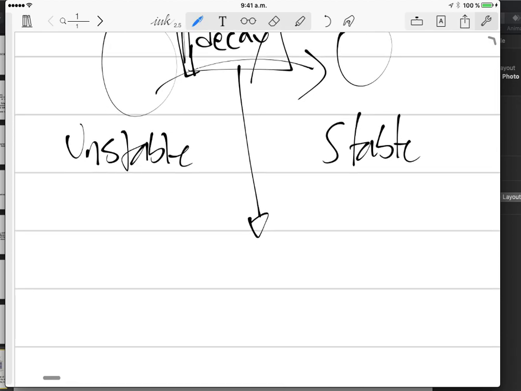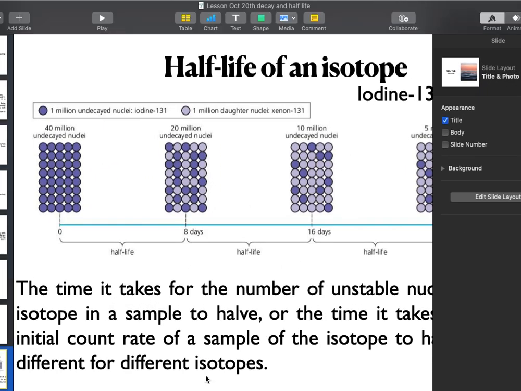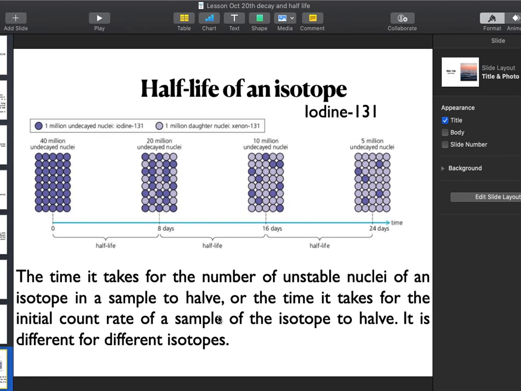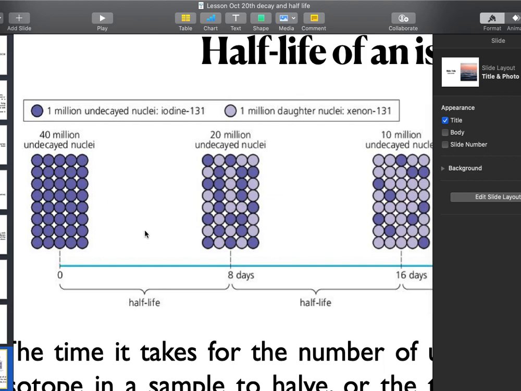So the concept of half-life is that time in which it takes the number of unstable nuclei of an isotope in a sample to halve. In this case, from 40 million, it passes to 20 million decaying nuclei in 8 days.